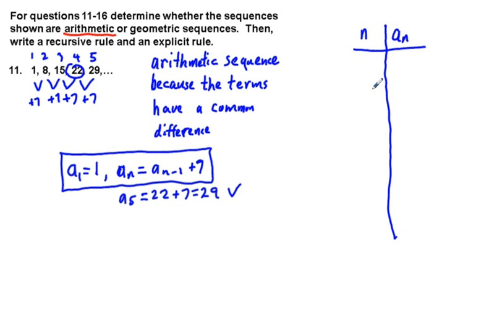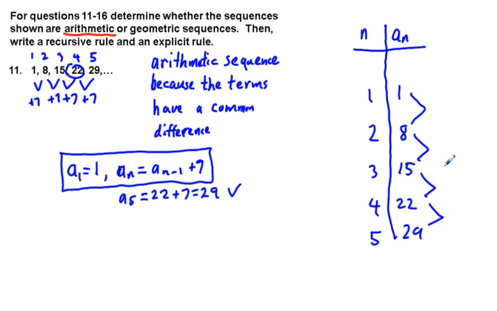We'll put 1, 2, 3, 4, 5, and opposite those, 1, 8, 15, 22, 29. And we already observed that these are going up 7 every time. So what we want for an explicit rule is to find where n equals 0.